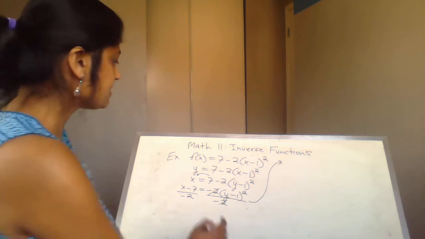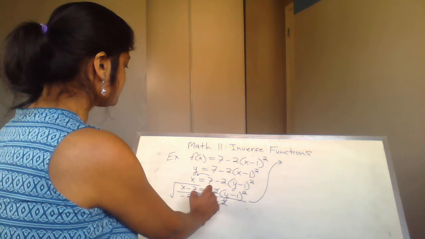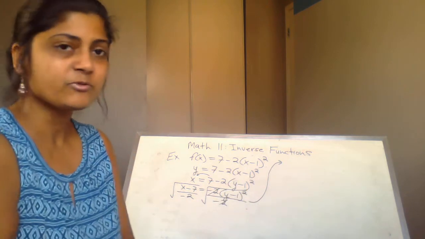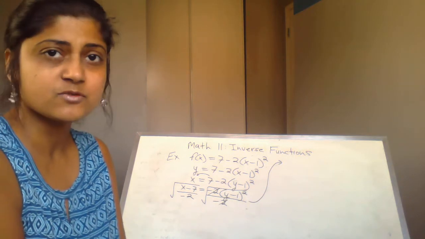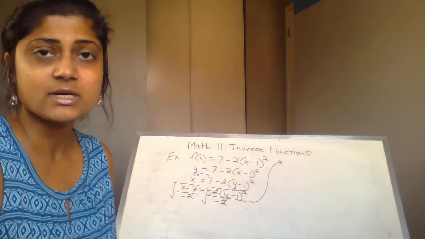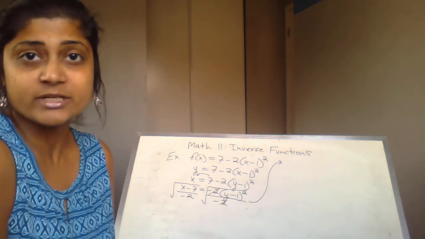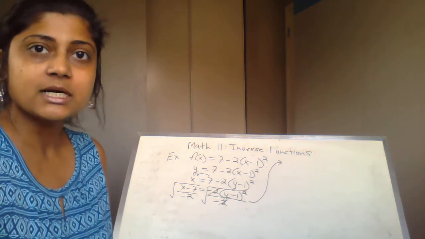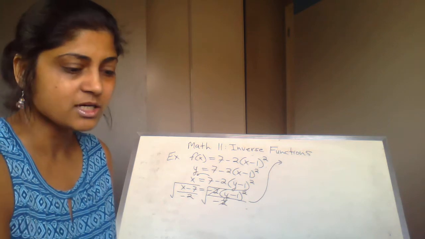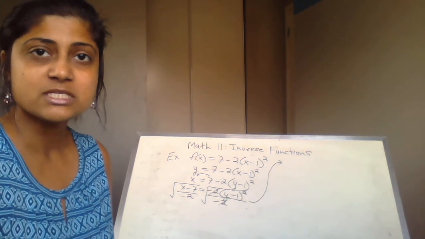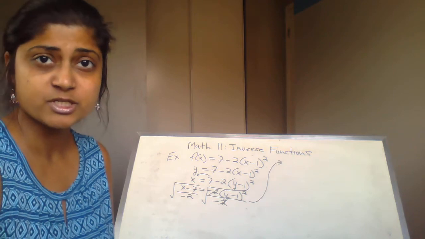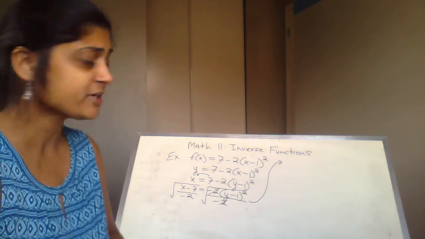I'm going to take the square root on both sides. Now some of you are probably wondering that there is a negative 2 on the bottom, and how do I take the square root of a negative number? But again, this is just an expression. We're not actually solving it right now. We're just coming up with the expression for the inverse function.